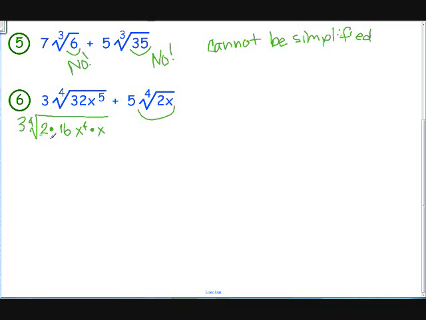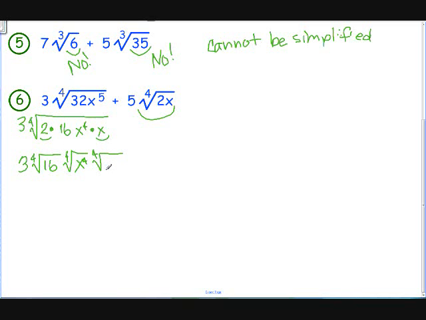So now I've got my 2 and my x, which I was looking for. Let me rewrite it, make it a little easier to follow, perhaps. I'm going to take the 4th root of 16, it's this one, and the 4th root of x to the 4th, that one, and this is the one I want to simplify to, the 4th root.